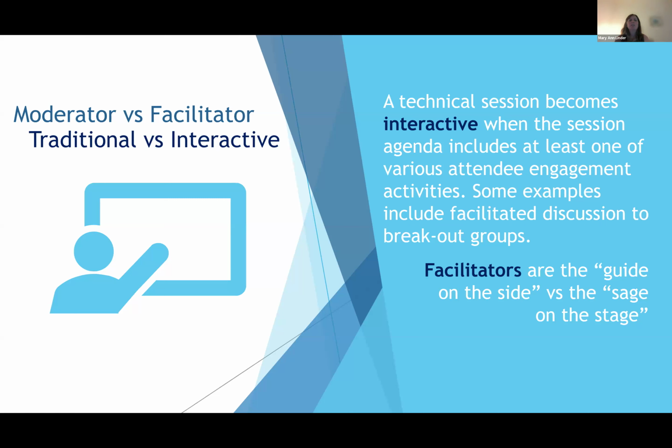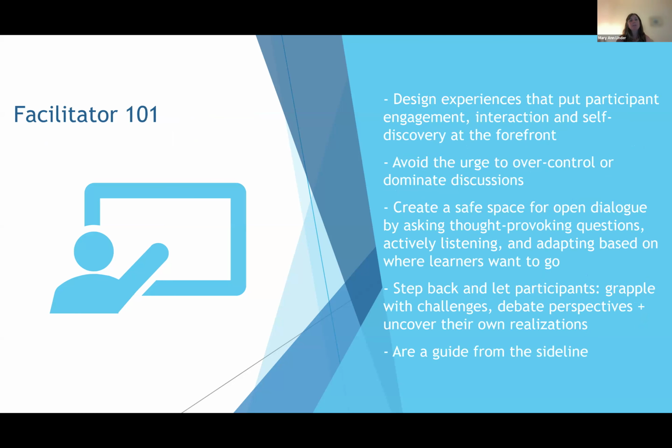Whereas a moderator often just introduced speakers, made sure they got up, had their presentation, and helped make sure a couple of questions got answered and moved along. They don't have any discussions or attendee engagement to work through. That's the difference. I do want to take one minute, even though we have interactive training later in the summer, to go over some basic Facilitator 101.